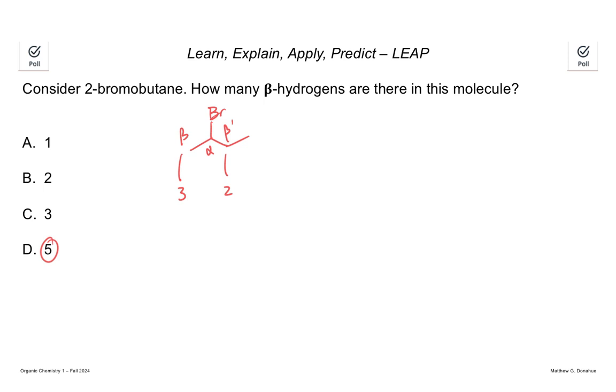Before I introduce the next slide, what's complicated about this is we're going to treat that with a base that's going to abstract a beta hydrogen. The question is, there are 5 of them, so which one is the base going to go after? What will guide us in determining the answer is the stability of the product that is produced.